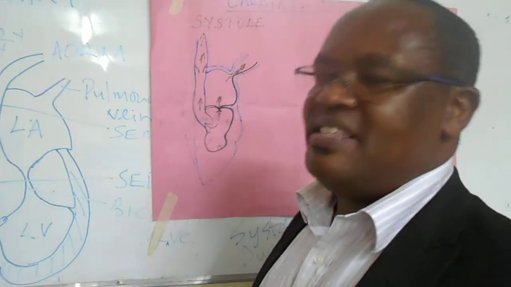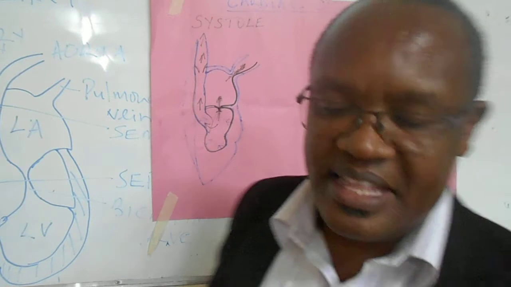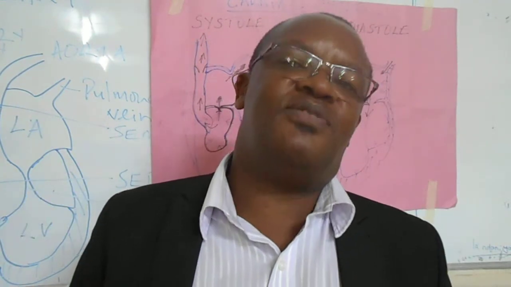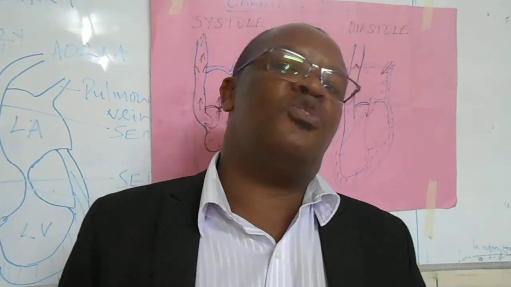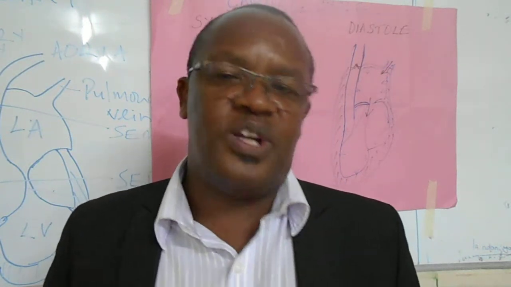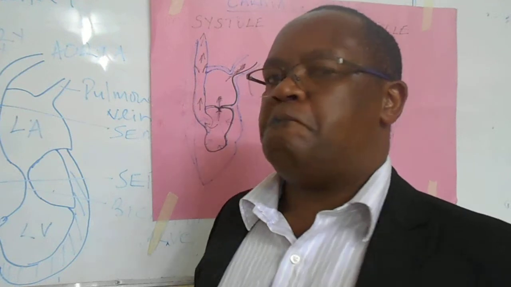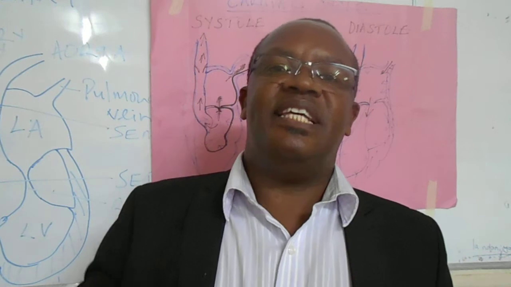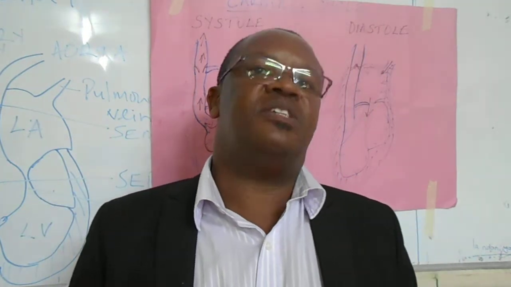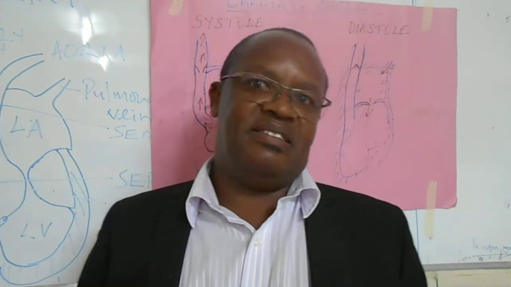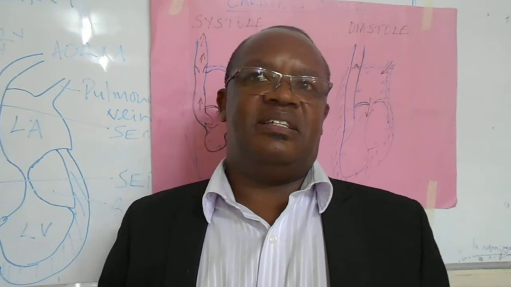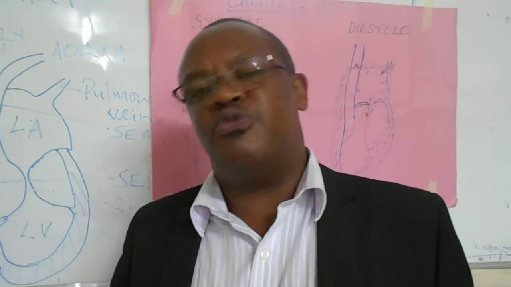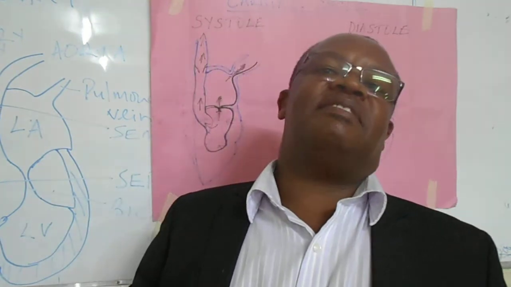The second thing that happens is that both bicuspid and tricuspid valves close to prevent backflow of blood to the auricles. And event number 3 is that the semilunar valves at the base of the arteries open to allow blood to flow out of the heart.